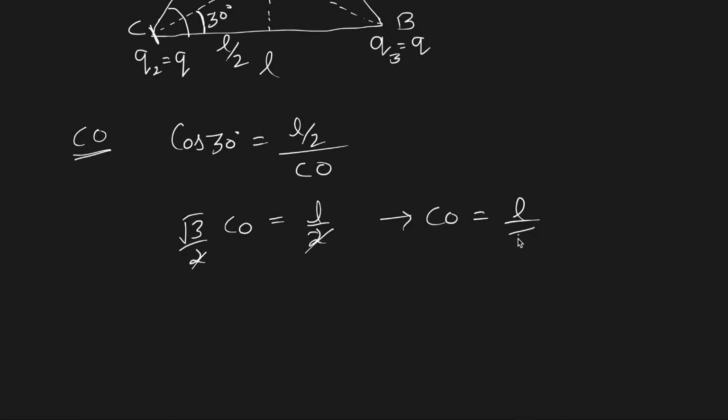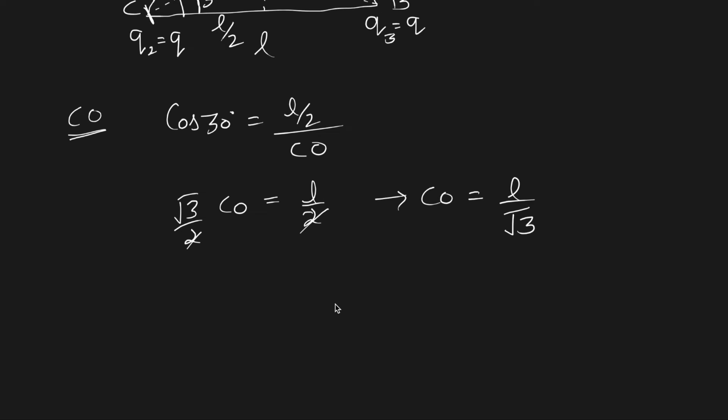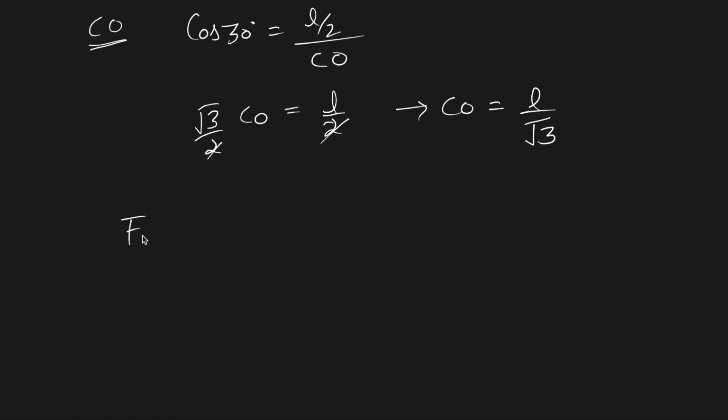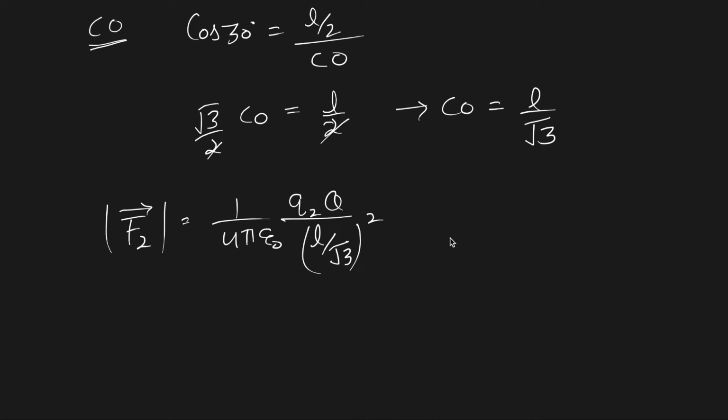L by root 3. Then the force F2 magnitude becomes 1 by 4 pi epsilon naught, Q times capital Q, because in the middle we are taking the capital Q charge, and the distance between them is L by root 3, the whole squared, and this is the magnitude.